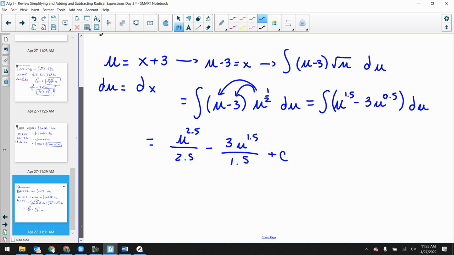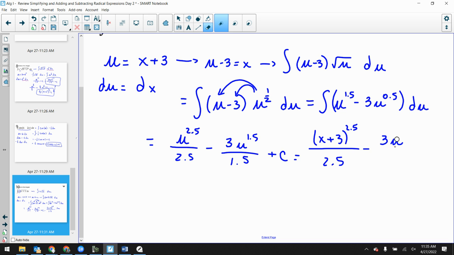And now all we need to do is just plug in the x plus 3. So we've got x plus 3 to the 2.5 over 2.5 minus 3 times x plus 3 to the 1.5 divided by 1.5 plus c.